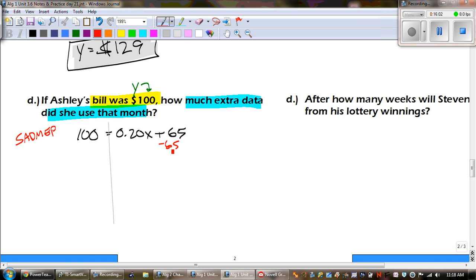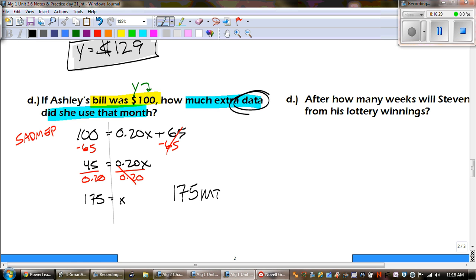I have to subtract 65 from both sides, and we get 45 equals 0.20x. And then the last thing to do would be divide by 0.20. We end up getting 175 equals x, which means 175, yeah, they're talking about data, so that's megabytes. Okay, you have to label your answers. Don't be lazy.